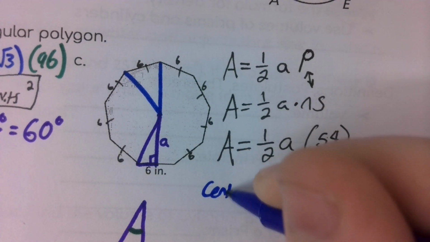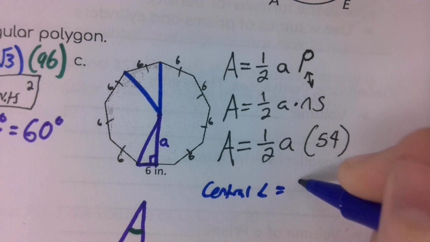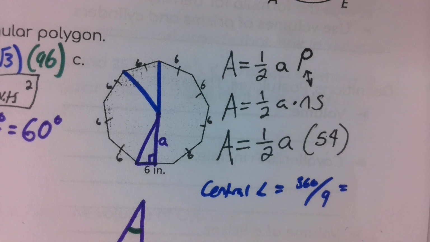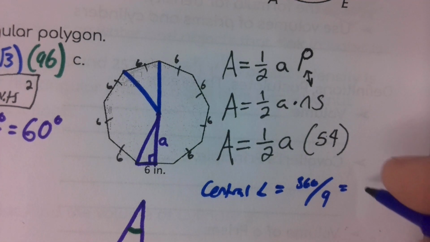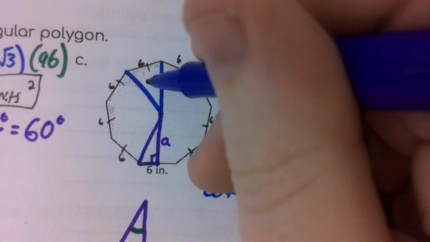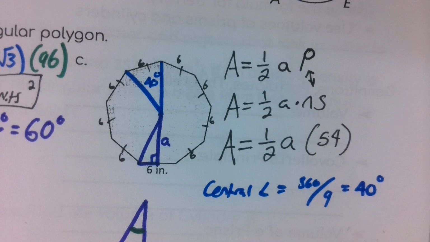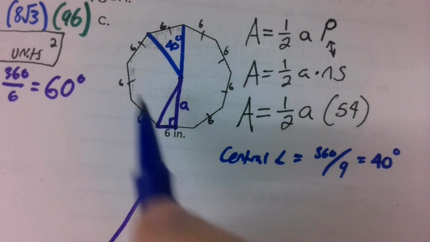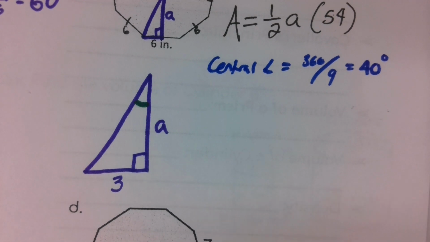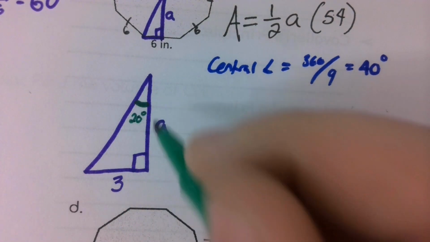The central angle is going to be 360 divided by, since there are 9 sides, it'll be divided by 9. 360 divided by 9 is actually going to be a very nice and even 40 degrees. So the measure of this central angle is 40. But we only need half of it for our right triangle. So instead of using 40, we are going to use 20 degrees.